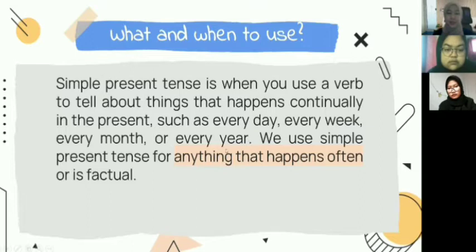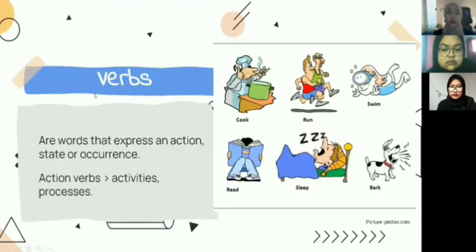In this definition, we find the key of what simple present tense is. It is that it happens often, continually, and repeatedly. We are going to define the verbs first. What are verbs? Verbs are words that express an action, state, or occurrence. Verbs are actually categorized into two types: action verbs and state verbs.